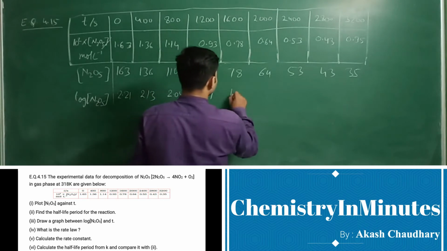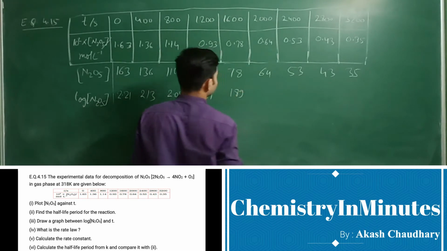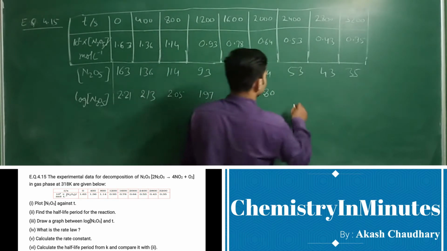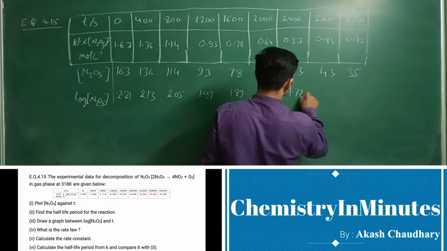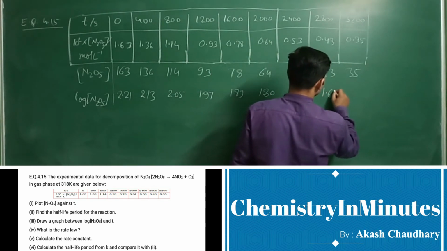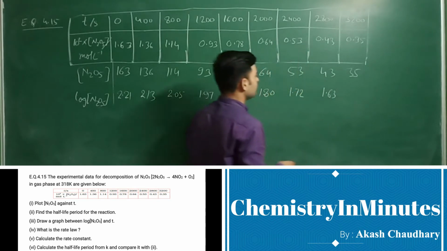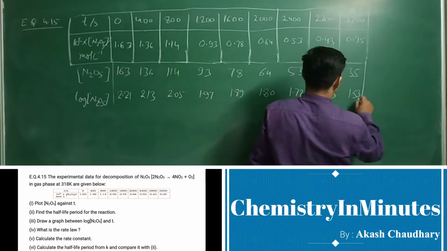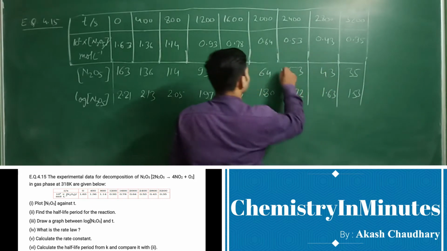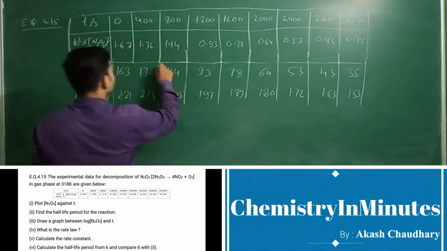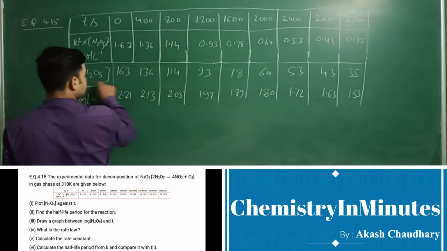Log of 78 is 1.89. Log of 64 is 1.80. Log of 53 is 1.72. Log of 43 is 1.63. Log of 35 is 1.53. So these are the values which we have to plot on the graph.